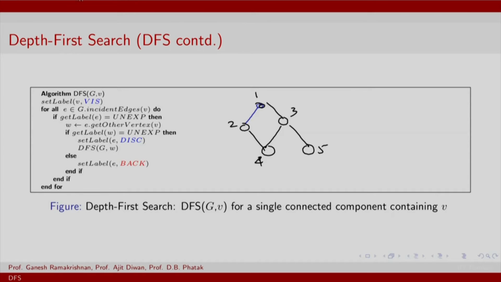We begin with V, that is the first node. Look at all the edges incident on that first node. You get a W, that is 2. Look at the label of W, it is all unexplored. In fact all the nodes in black are now unexplored. If so, then set the label of E, this particular edge, to discovery edge, and also perform a DFS on the node label 2.